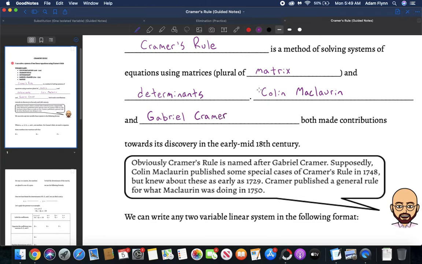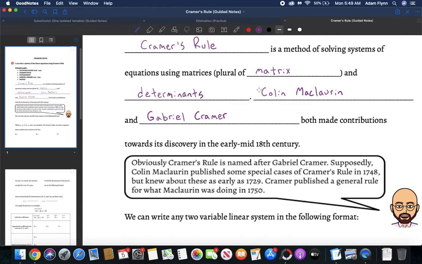Both made contributions towards its discovery in the early to mid 18th century. So the drama surrounding this is Cramer's rule is obviously named after Gabriel Cramer. Okay? But supposedly Colin McLaurin published some special cases of Cramer's rule in 1748.